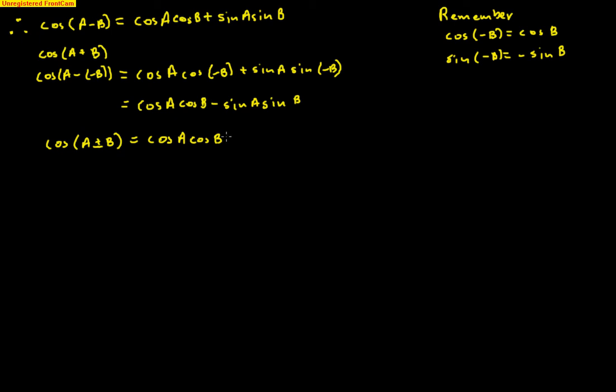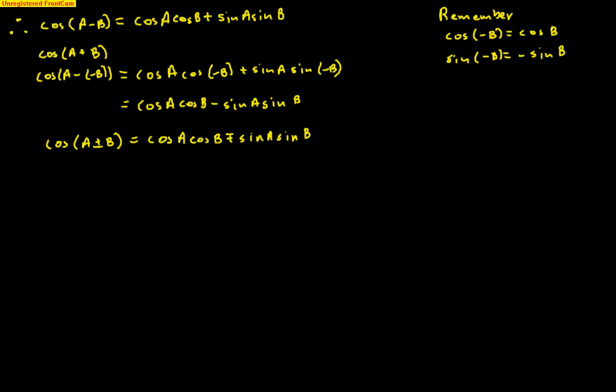Instead of doing plus and minus like we've normally done before, we're going to do minus plus sine A, sine B. All this is saying is that when this is plus, this is minus, and when this is minus, this is plus.